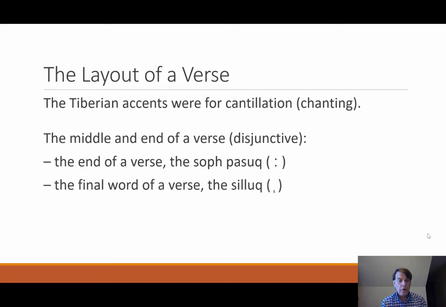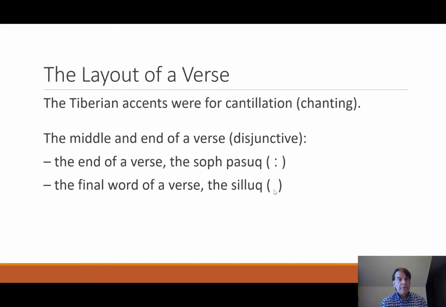The final Hebrew word of a verse will often have what's called a saluk, and a saluk is just a little line, right there, up and down, that tells you what the stressed syllable is. These are in addition to the vowels. They're not vowels. This is where the accent goes.